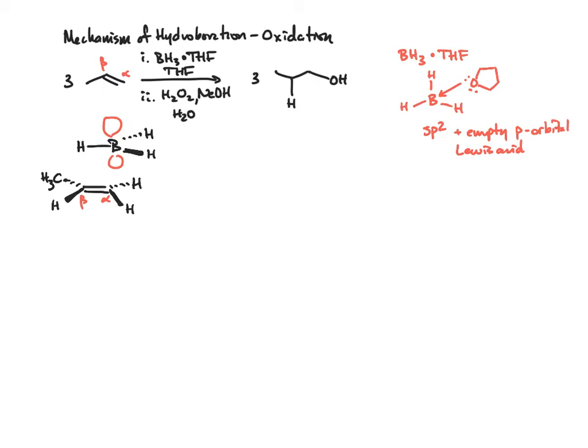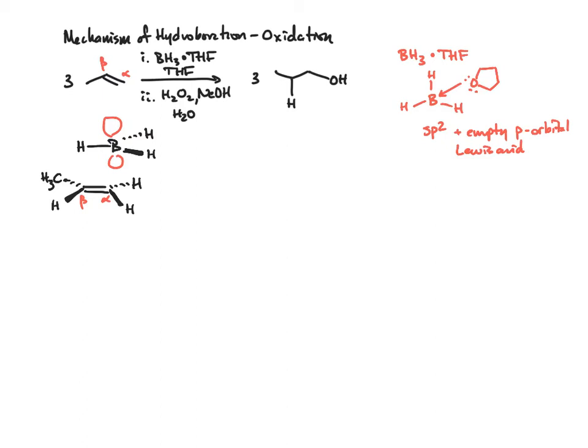And so what is going to happen is a concerted addition of H and B across that pi bond. What that means by concerted is it's happening at the same time from the same face. So H and B add from one face at the same time.